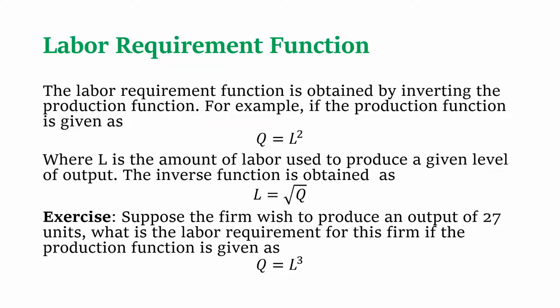In order to find the labor requirement here, what we need to do is to express the labor as a function of the output. So instead of having Q equals L squared, we're going to have L equals the square root of Q. If we plug in Q equal to 30 and take the square root of 30, it's going to be something around 5 point something, 5.5 or 5.8.